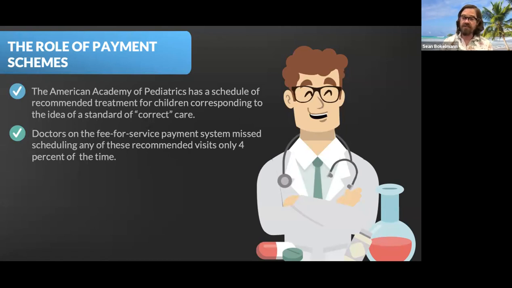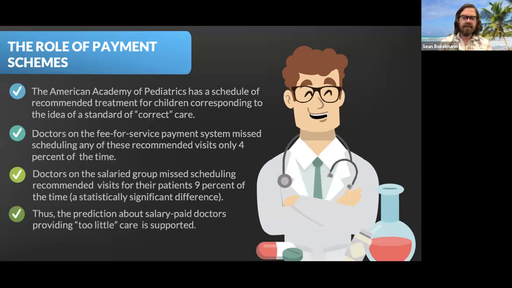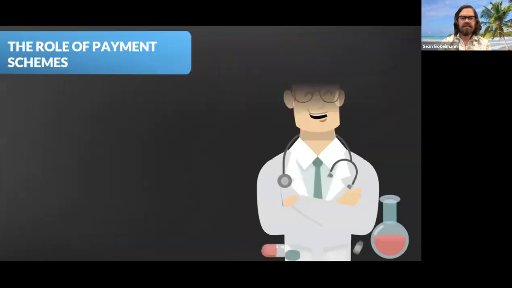So they were pretty close to the recommendation. Whereas doctors in the salary group missed the scheduling recommendations a higher percentage, 9% of the time. And the difference between 4 and 9 is statistically significant. And thus the prediction about salary paid doctors providing too little care is supported.